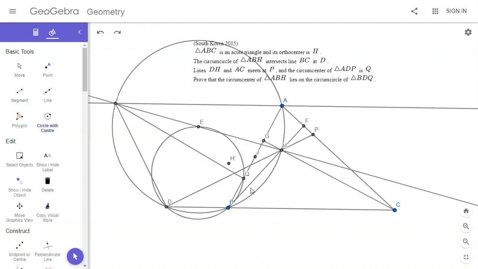But yeah, I mean, so we start with the triangle ABC. H is the orthocenter. We take the circumcircle of ABH and it meets BC at D. And then we take the circumcircle of DEB and it meets AB at Q. Surely there's got to be a way to prove that QA equals QD as a very first step.